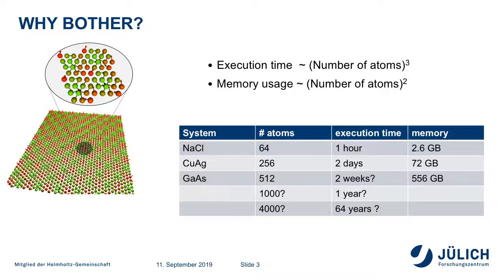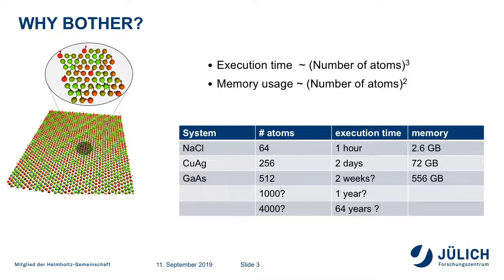For this small one, sodium chloride with 64 atoms, you will need 1 hour. That's okay. The next one, copper silver, with about 200 atoms, will take 2 days, which is already quite boring. But if you want to simulate something really interesting with thousands of atoms, it's just not possible. So you really have to use some supercomputer.